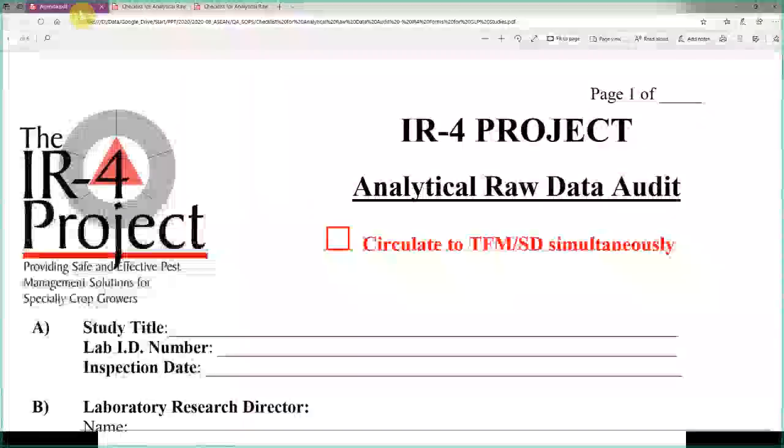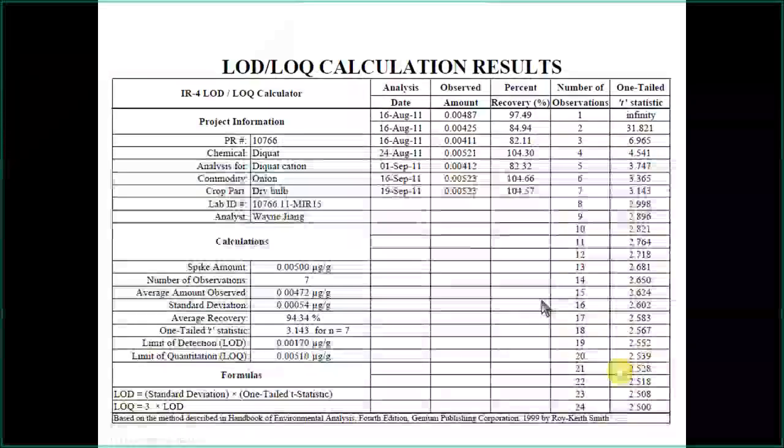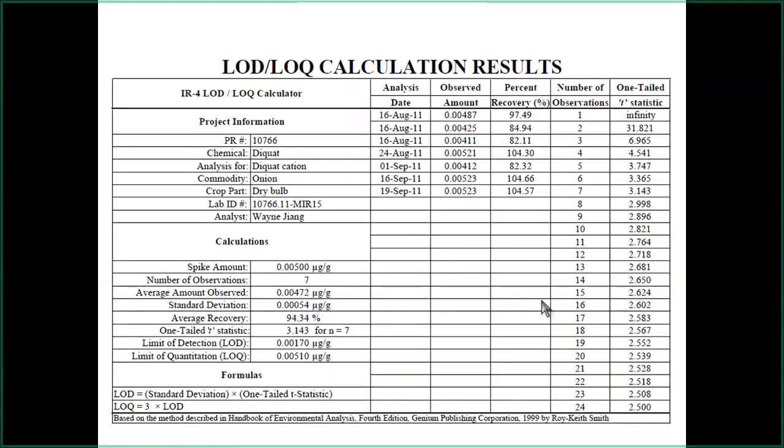So let's do this tomorrow, because we spent too much time talking about the criteria and some other things. But let's do this. Maybe you have more interest in doing calculation.